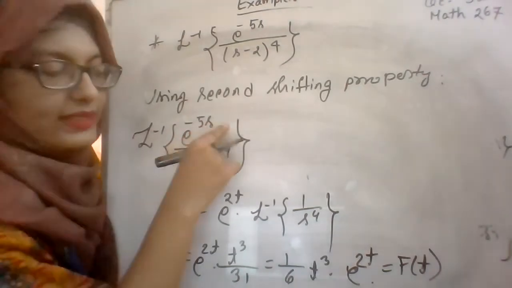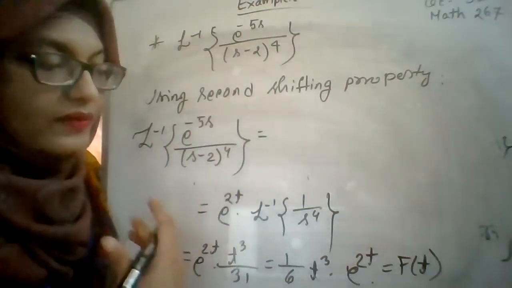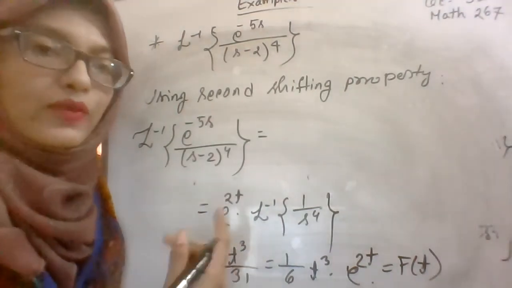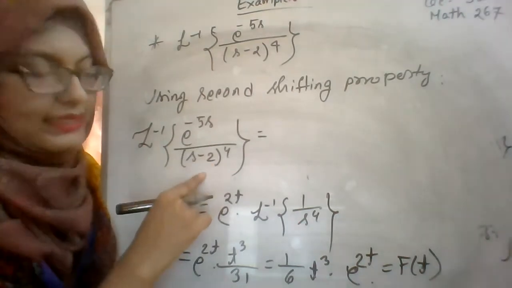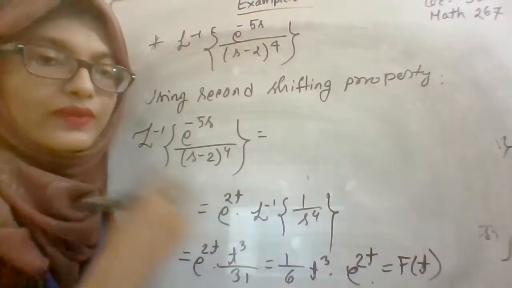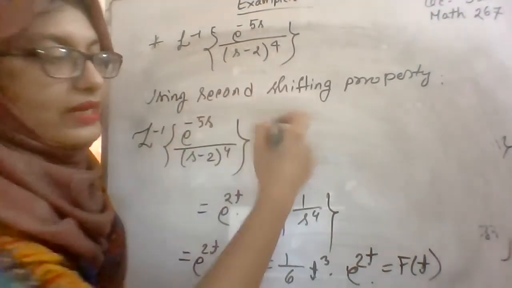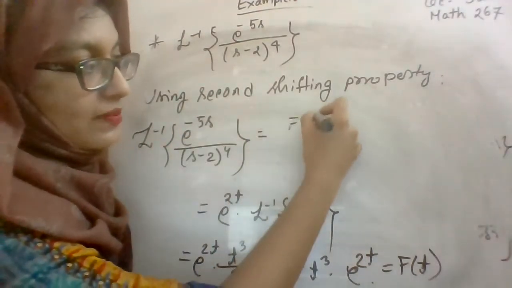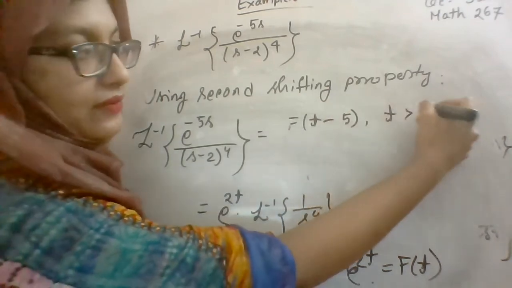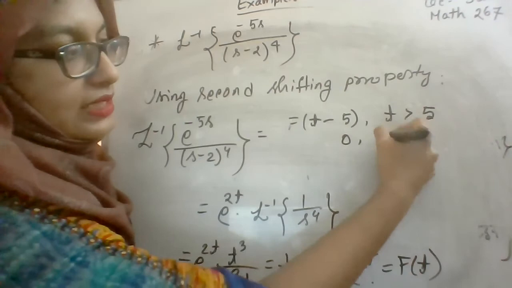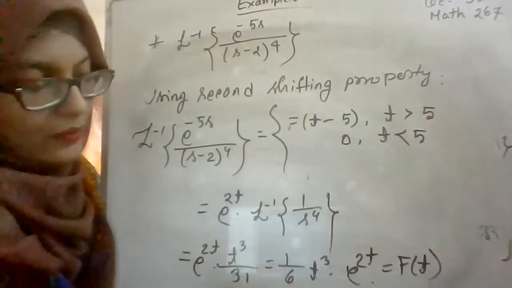The formula is the inverse Laplace transformation of e to the power minus as, f of s, is f of t minus a, and here your a is 5. On the right side, it is f of t minus a, and a is 5, for t greater than 5 and 0 for t less than 5. That's the formula for the second translation or shifting property.